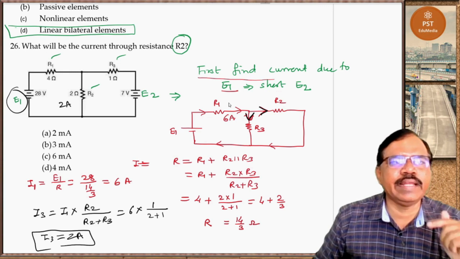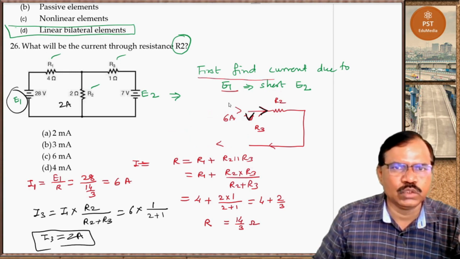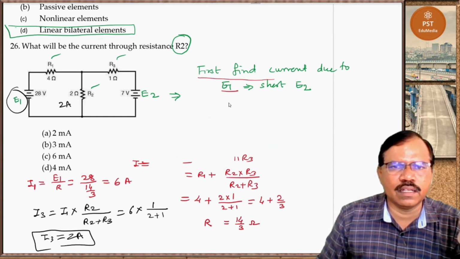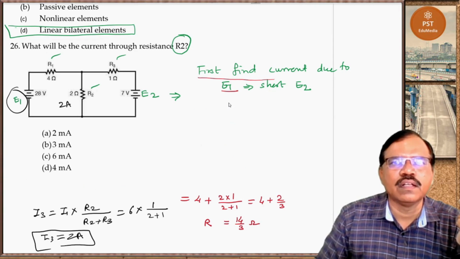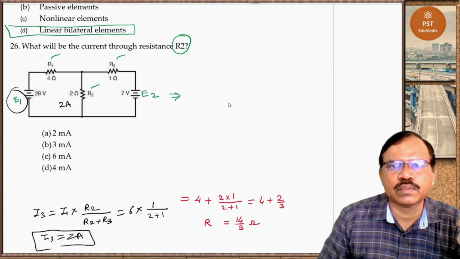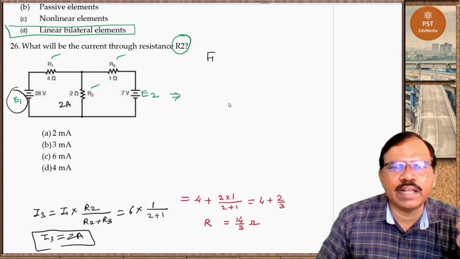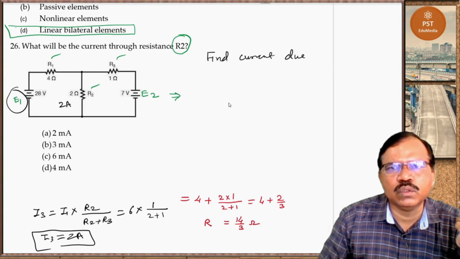Now we have to find the current due to E2.